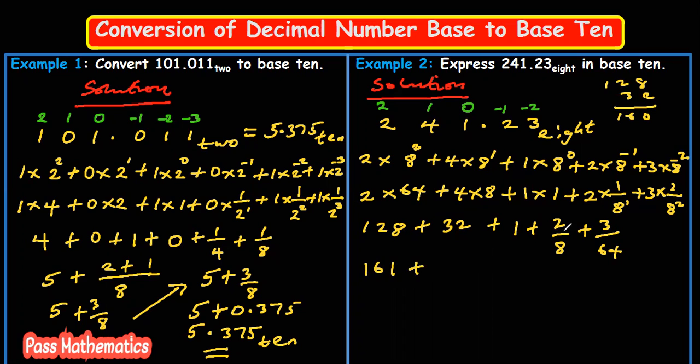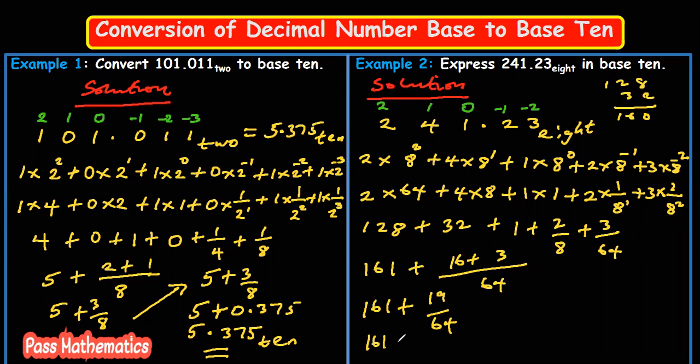Plus this. So we take the LCM again. The LCM will be 64. 64 divided by 8 is 8, and then 8 times 2 is 16, plus 64 divided by 64 is 1, 1 times 3 is 3. So we have 161 plus 19 over 64. Now, let's divide 19 by 64.